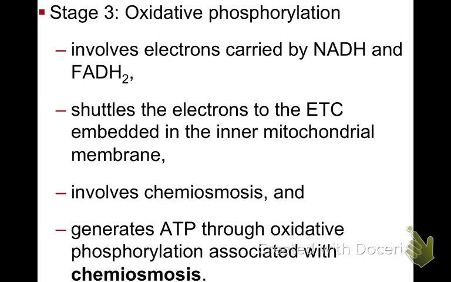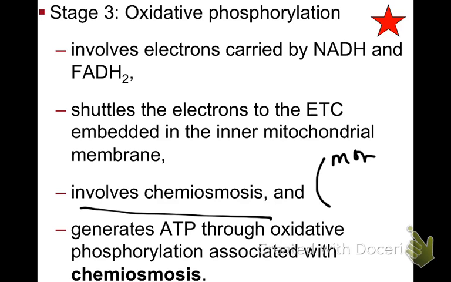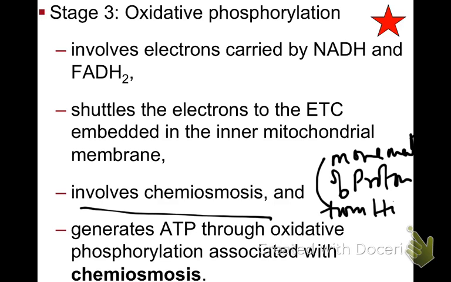Okay, so it shuttles the electrons. The third step is the oxidative phosphorylation. It shuttles the electrons to the electron transport chain, which is embedded in the internal mitochondrial membrane. And this involves chemiosmosis, wherein it is movement of protons from high to low.